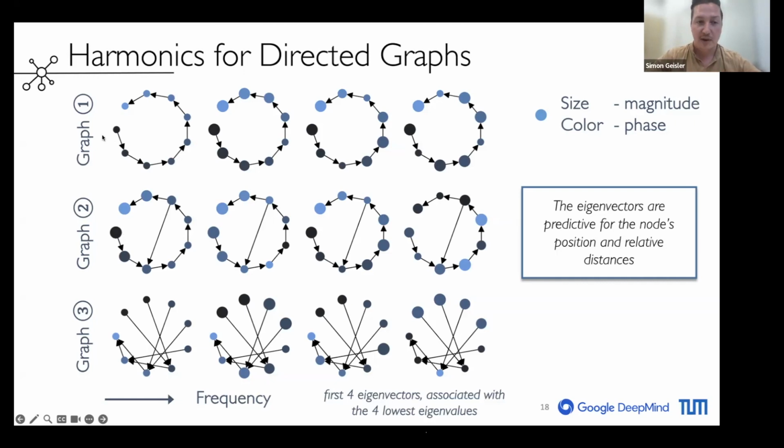In a very simple way, we can think about each edge introducing some phase shift in this eigenvector. That's how we see it for the sequence. Of course, for more complicated graph topologies, there might be some trade-offs you have to make.